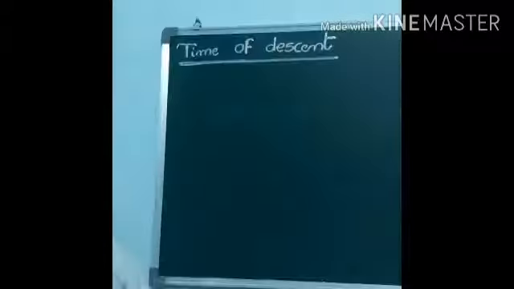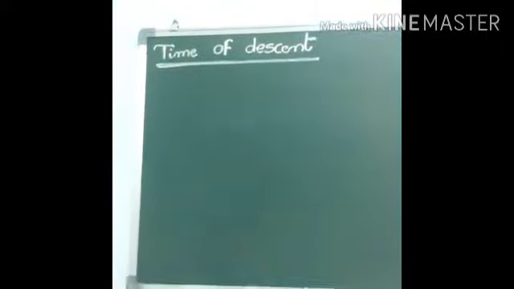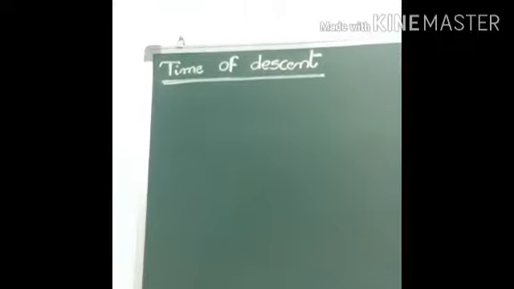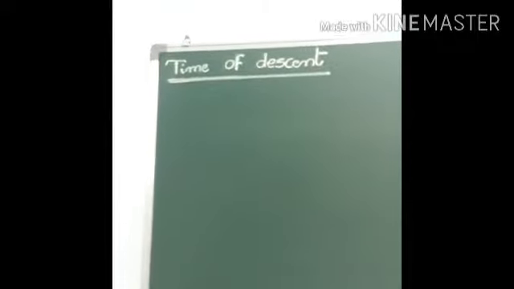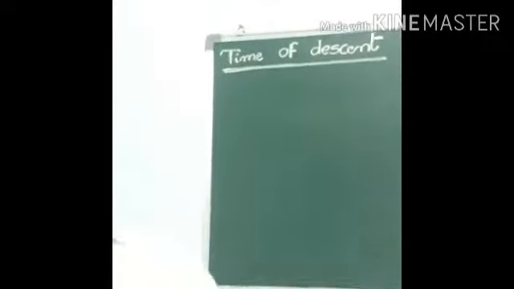Time of descent. What is time of descent? Time of descent is defined as the time taken for the object to reach the surface of the ground. Once again, time taken for the object to reach the surface of the ground.